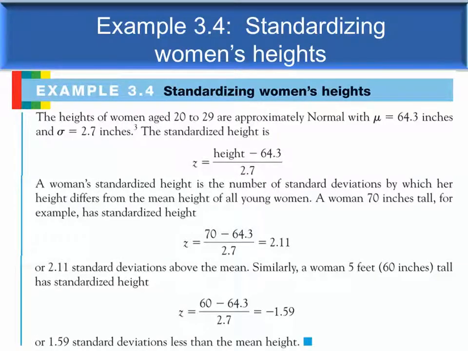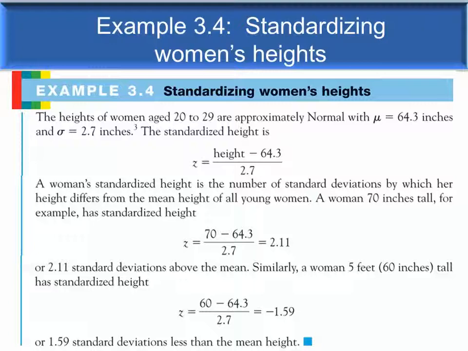To look at another example, we took a woman 60 inches tall and used that formula. 60 minus 64.3 divided by 2.7 equals negative 1.59. So she's 1.59 standard deviations lower than the mean height. By standardizing these heights, we can see that the 60-inch woman is shorter than the 70-inch woman. We can obviously see that just by measuring 60 inches versus 70 inches.